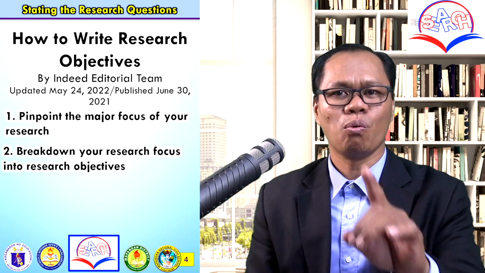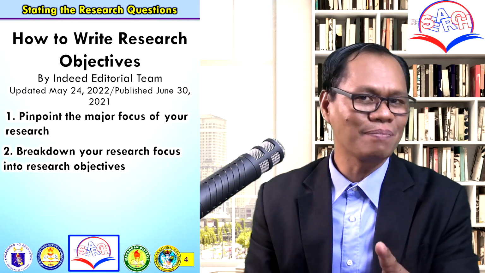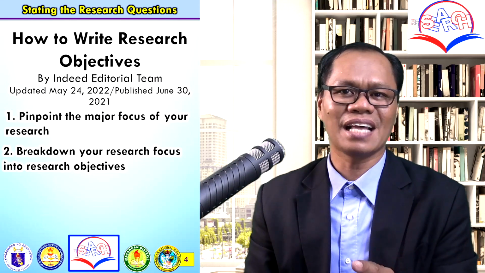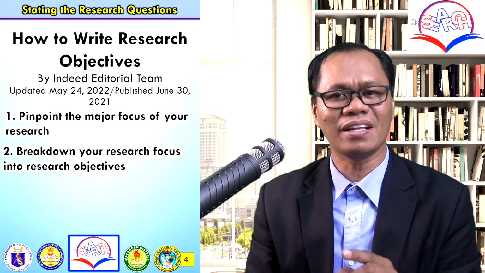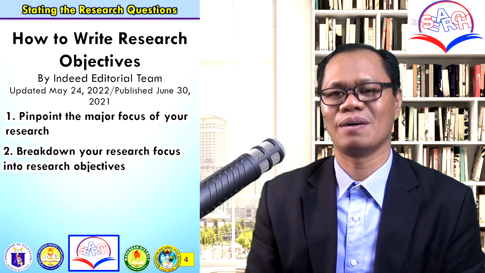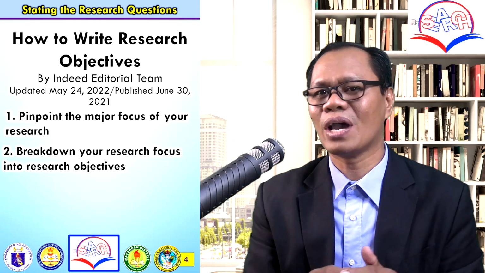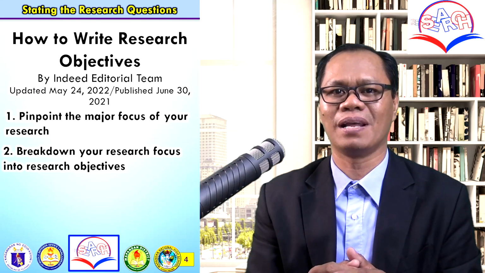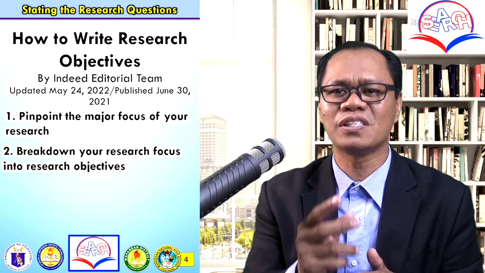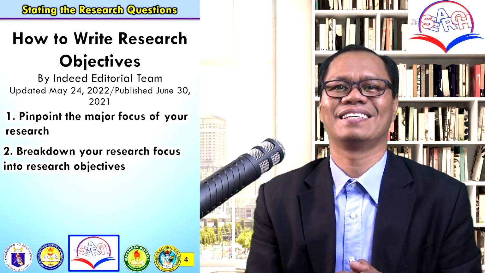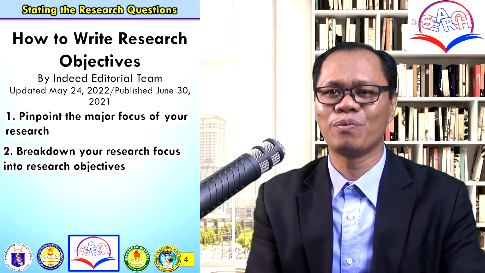Second step, once you know the primary goal of your research project, you can break it down into smaller steps and separate objectives, and this is manifested in sub-problems. Meaning, you have to choose one general objective that addresses your general problem and a few specific objectives to address your specific problems. Your general objective must be broad enough.